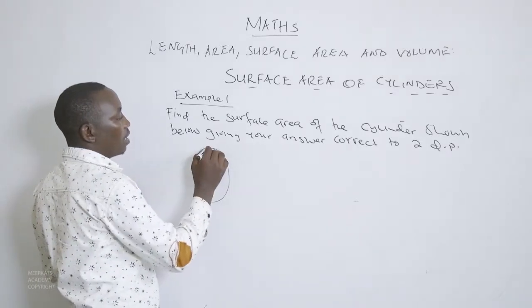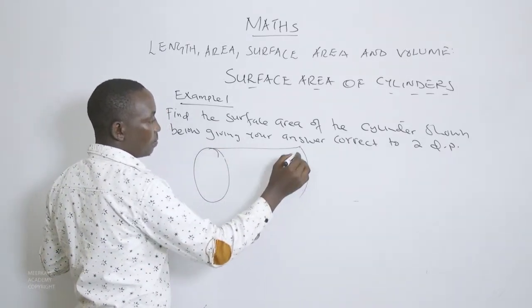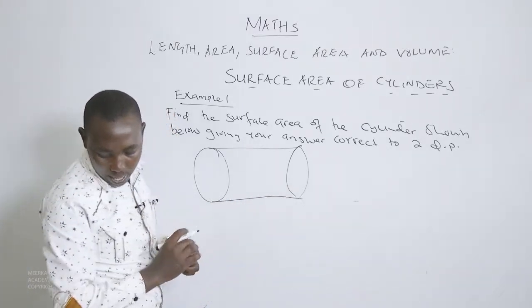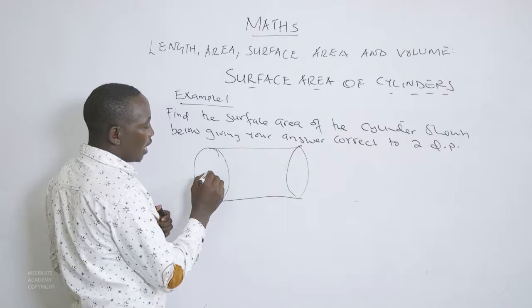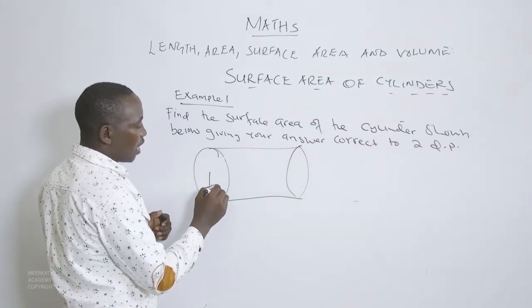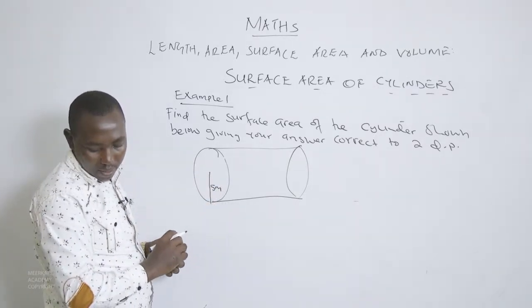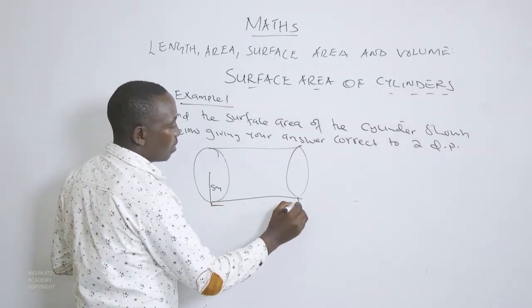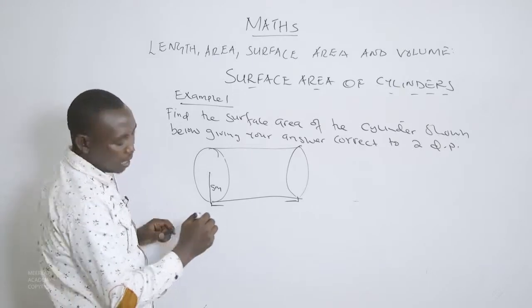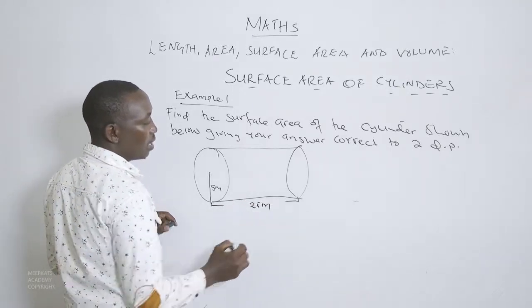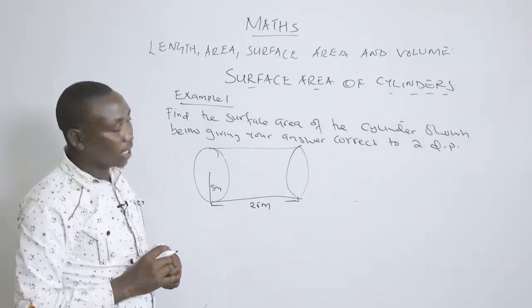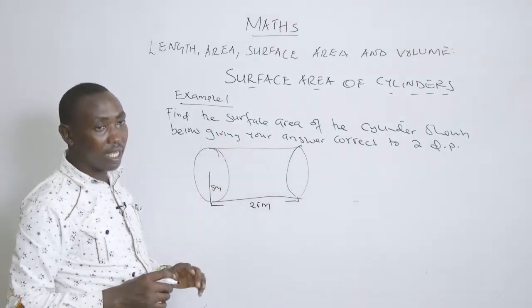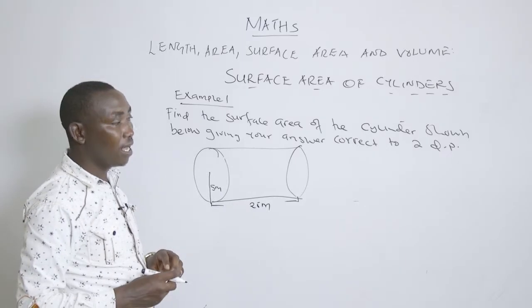So we are having a cylinder of that form where we are told that the radius is 5 meters. The height of this particular drum is 25 meters. We are supposed to obtain the total surface area of this particular cylinder.